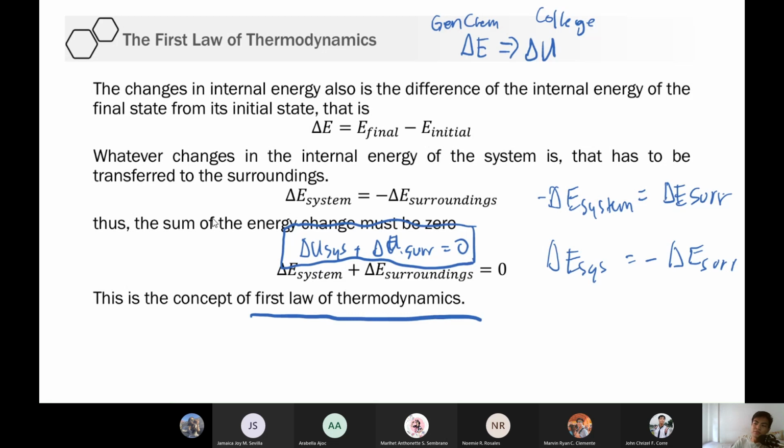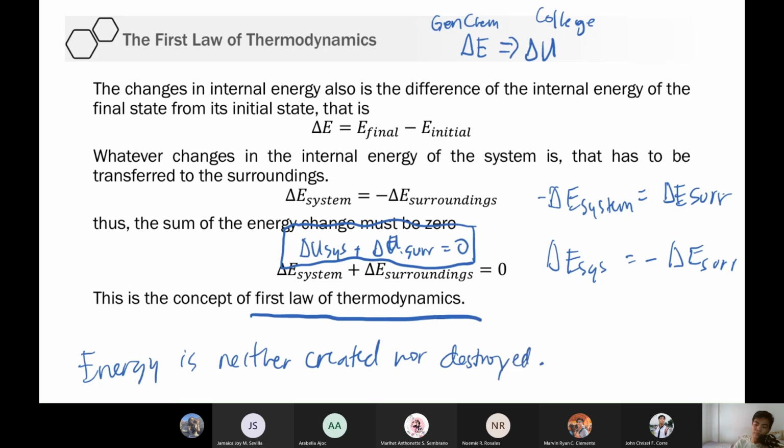Again, ano uli sabi sa first law of thermodynamics? Energy is neither created nor destroyed. Ano lang daw nangyayari? Energy is converted from one form to another.